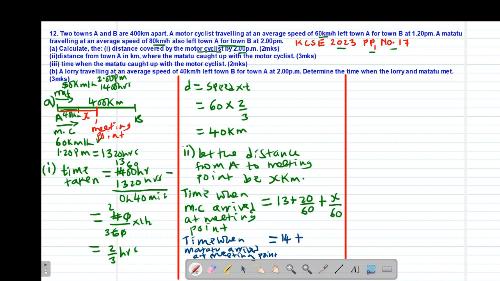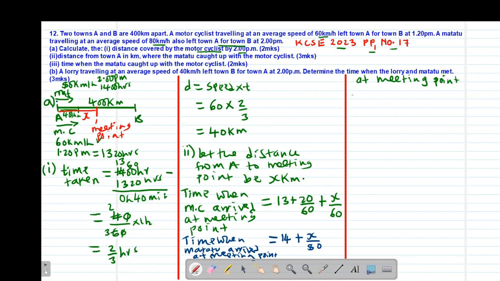Then plus the distance covered. Since they both start from A, they cover the same distance from A to the meeting point. Time is distance over speed. The distance is x, and the speed of the Matatu was 80 kilometers per hour. There is one fact we know at the meeting point: the clocks of the two drivers should be reading equal time.